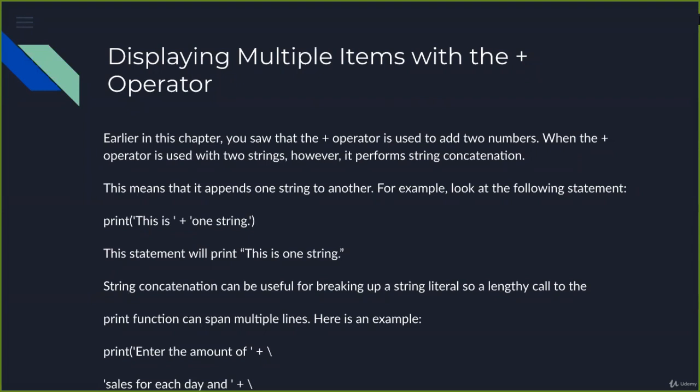It can be adding two integers. It could be adding two floating point numbers. But we can use the plus operator for doing one more thing in Python, and that is for adding two strings.